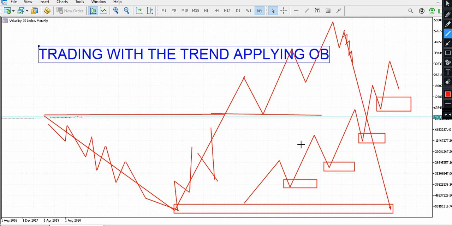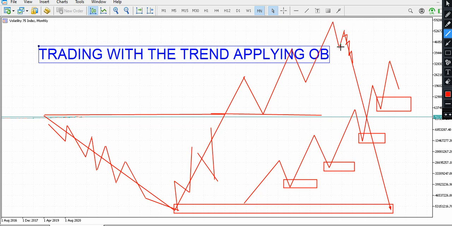Did the structure form the swing, or did it take the previous high, or the previous low? For you to see that, for example here, this is a new high that failed to take out this previous high.